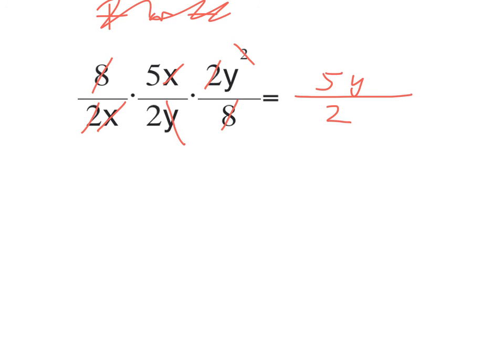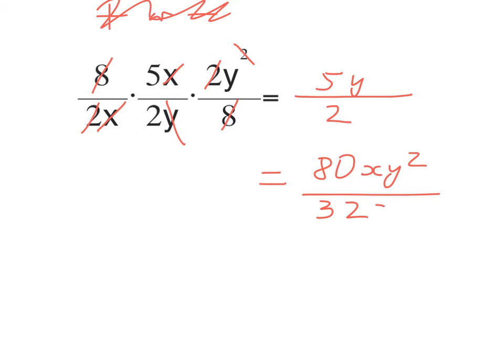Now, I could have done that the long way, and it would have worked the same. So 8 times 5 is 40, times 2 is 80, xy squared. On the bottom line, 2 times 2 is 4, times 8. 4 8s are 32.